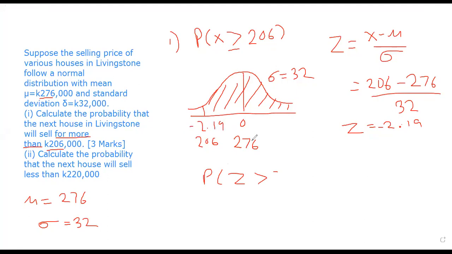So x is greater than negative 2.19. So what did we get as our reading? 0.9857. Great.